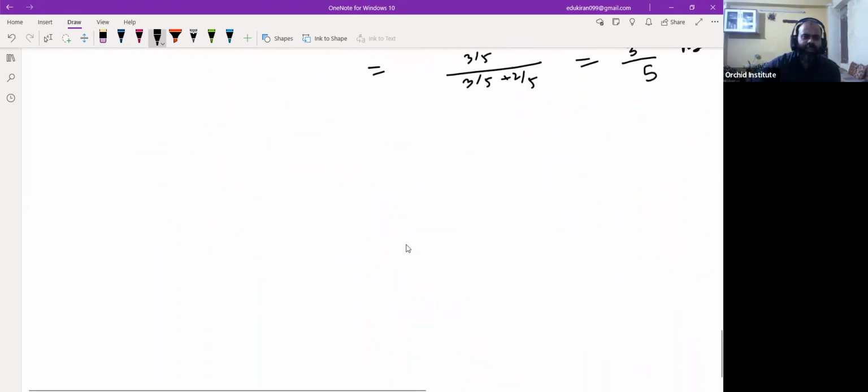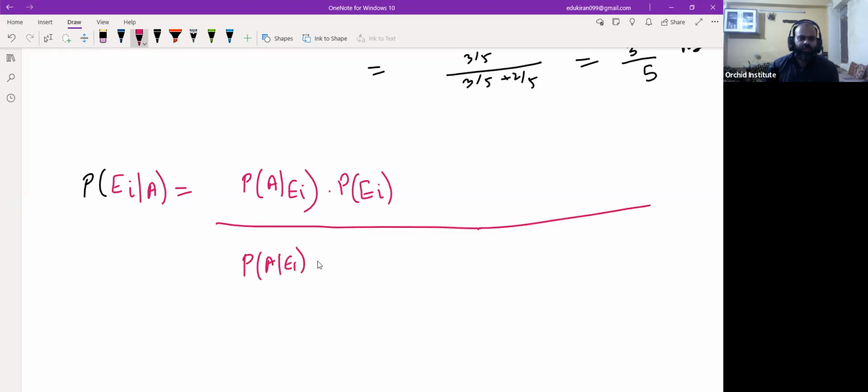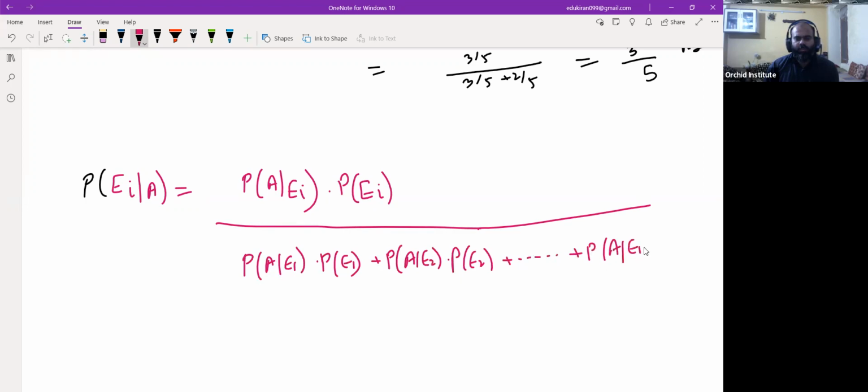So the Bayes theorem actually states that if we want to find the probability of E_i by A, so that is actually probability of A by E_i into probability of E_i, where it can be E1, E2, E3, upon probability of A by E1 into probability of E1 plus probability of A by E2 into probability of E2, and so on, up to probability of A by En into probability of En.